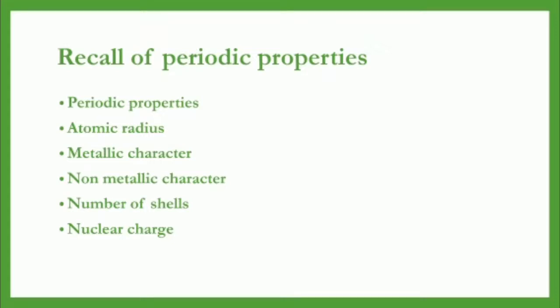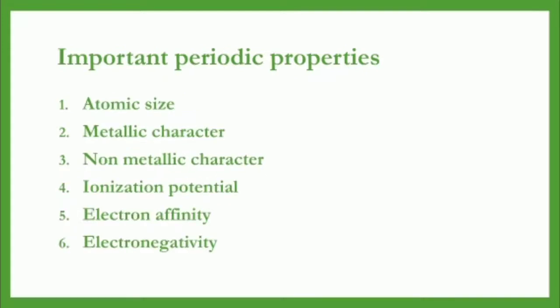Next come three properties: ionization potential, electron affinity and electronegativity. Before going into that, we have to see what chemical reactivity is. If a reaction takes place, for example sodium and chlorine reacting with each other, they lose or gain electrons, and that we call a reaction.